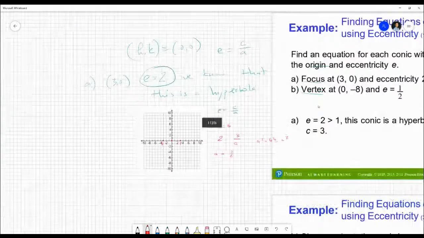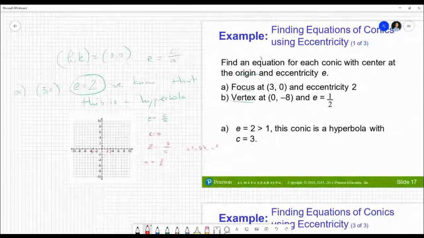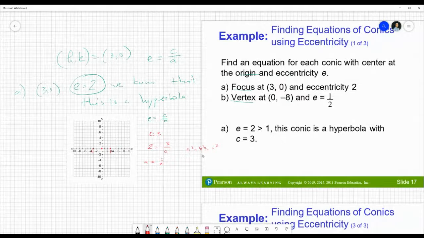So what are they asking us to find? An equation. Okay, so we need to find the b value. Okay, so c squared is 9, a squared is 9/4.